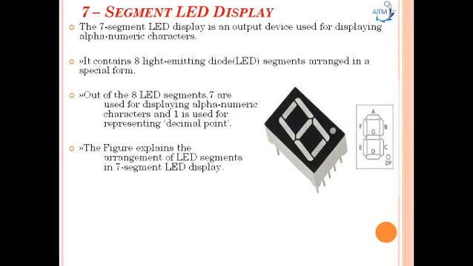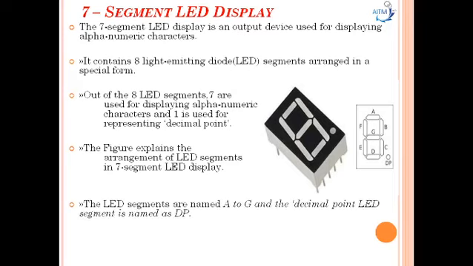The figure explains the arrangement of LED segments in a 7-segment LED display. The LED segments are named A, B, C, D, E, F, G, and a decimal point, that is DP.